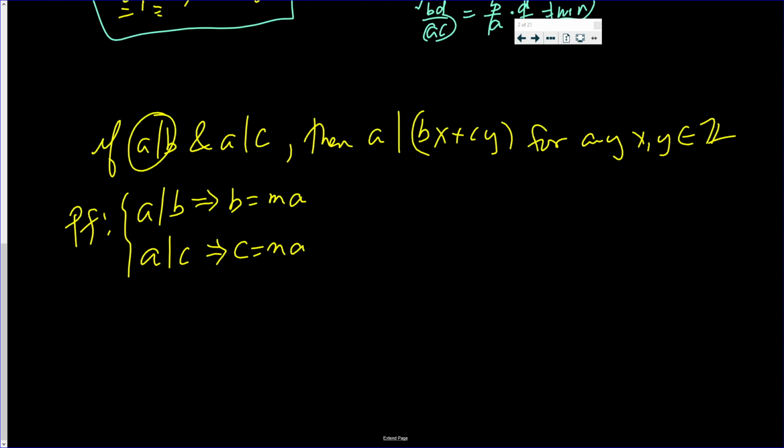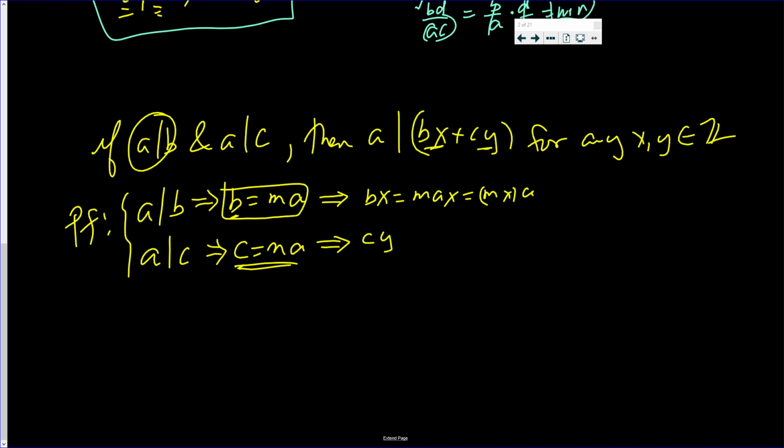But I don't want b and c. I want bx and cy. Okay, I'll multiply both sides by x here. So bx is ma times x, which is the same as mx times a. Over here, I'll multiply both sides by y. So cy is na times y, which is ny times a.